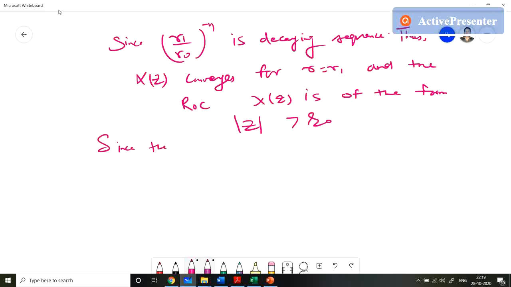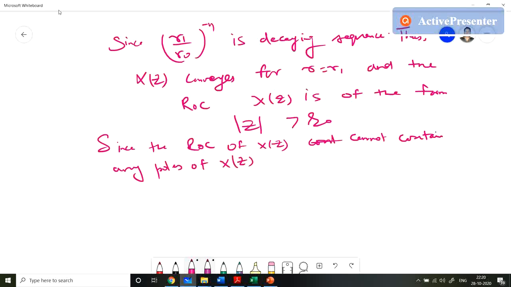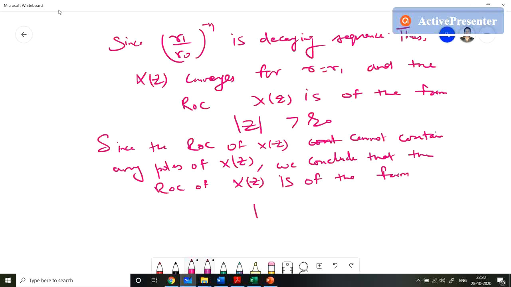Since the ROC of X(z) cannot contain any poles of X(z), we conclude that the ROC of X(z) is of the form modulus of z greater than r max.